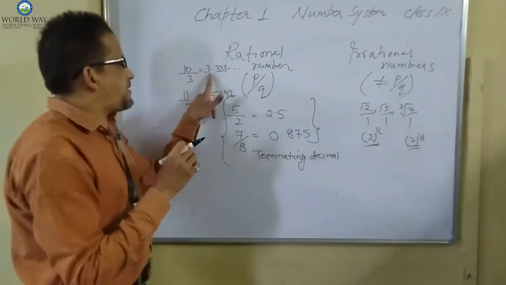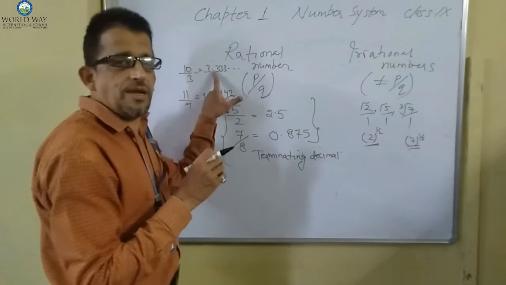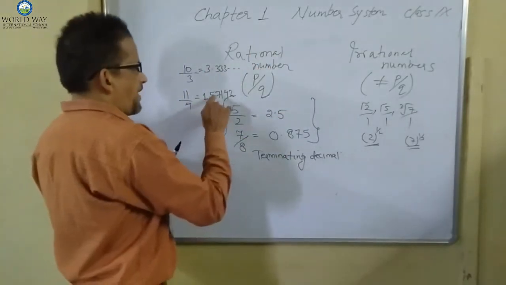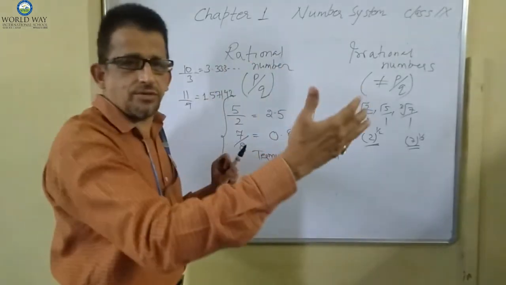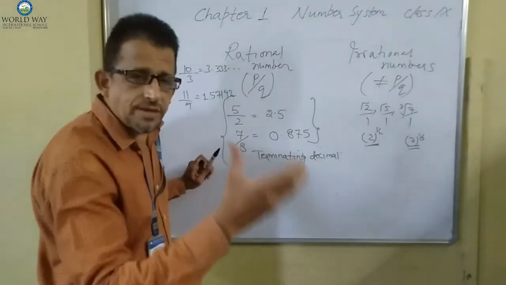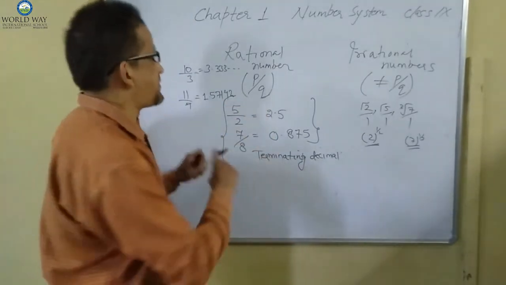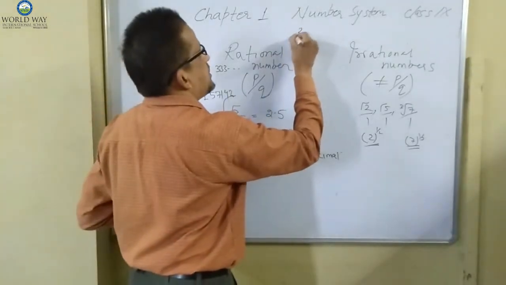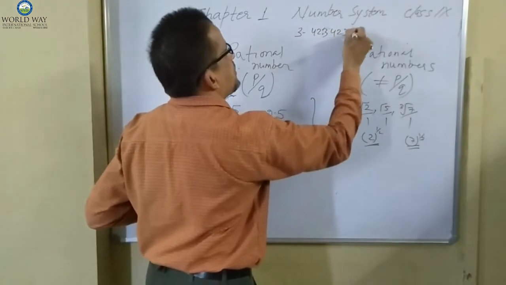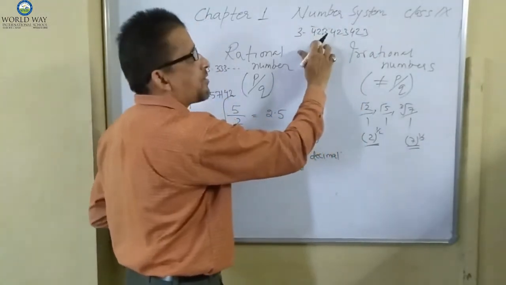Here, when we divide 10 by 3, after the first place we get 333. But in 1.57142, the division is still going on, and after some place of decimal we get a set of digits repeating, like 3.425423423423, a set of digits repeated.